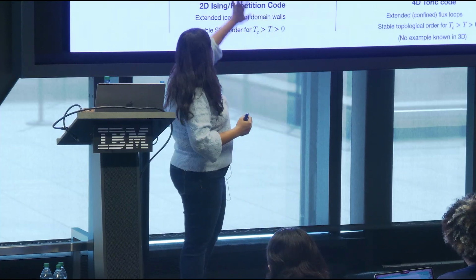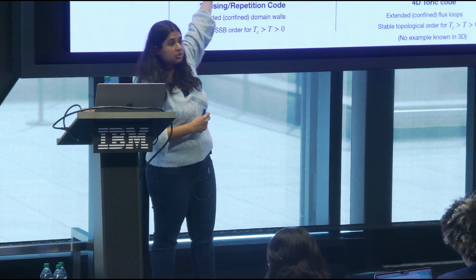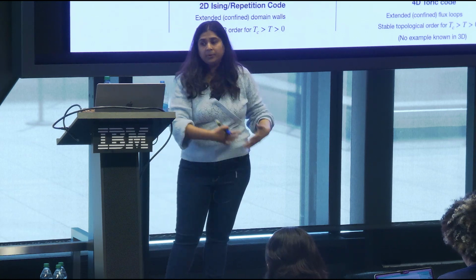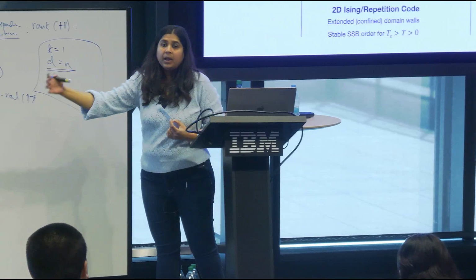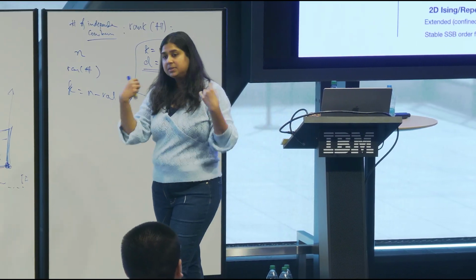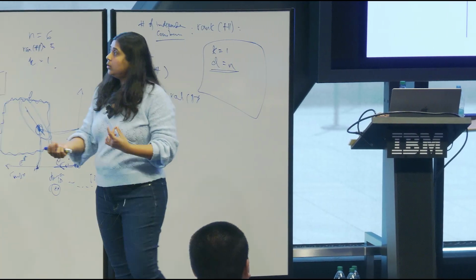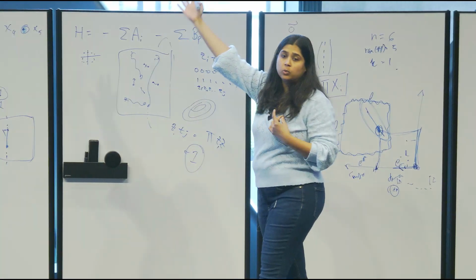So in fact, you can take 2 1D Ising models or repetition codes and take what's called a hypergraph product of these codes and get a toric code. And this hypergraph product, the nature of the excitations, the symmetries, the redundancies, all of those features about the classical codes are inherited by the quantum code.